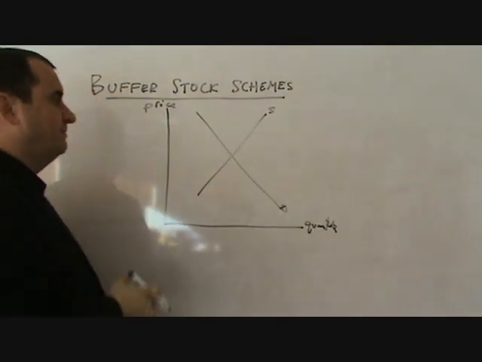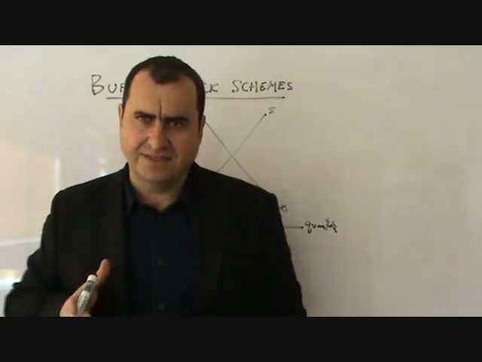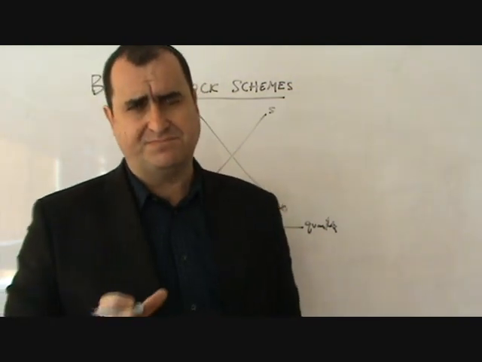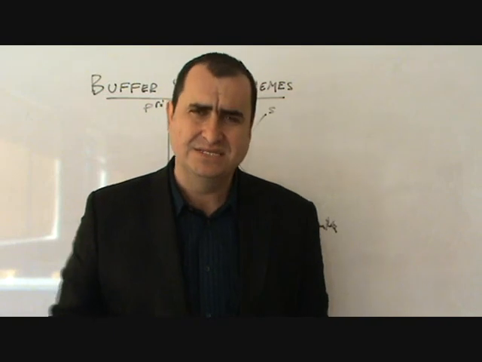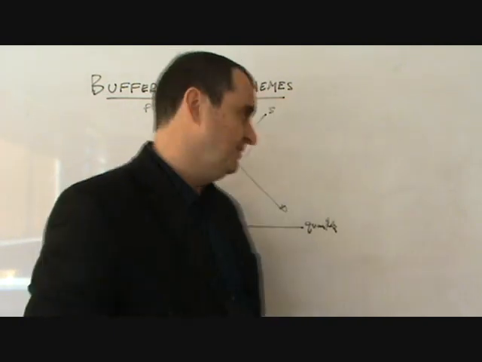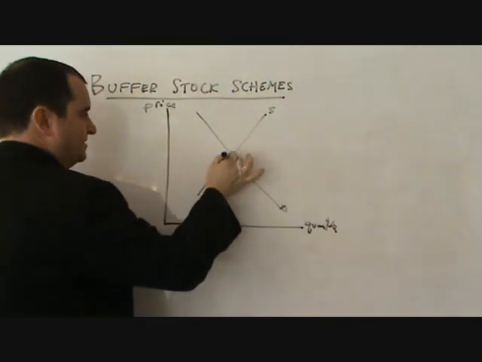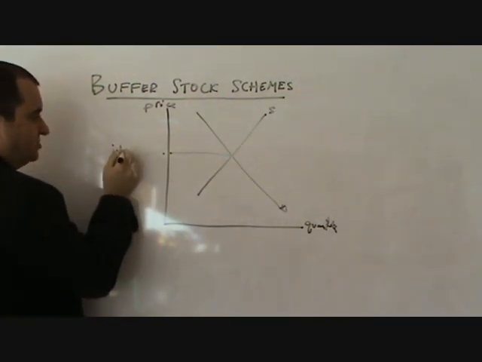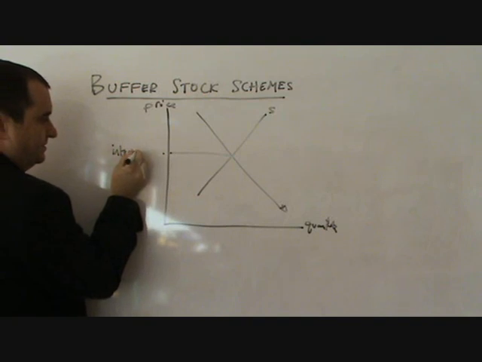They set up and they try and establish, first of all, what is the best price, the stable price, the intervention price, they call it. Let's say that intervention price is here. I'm going to call that the intervention price.